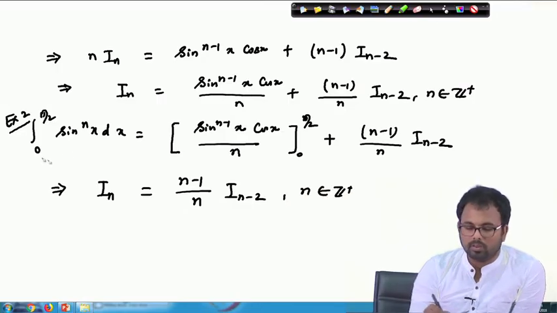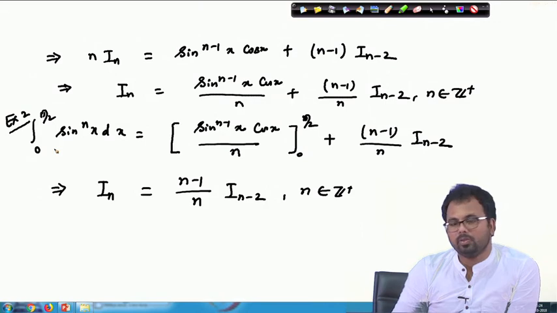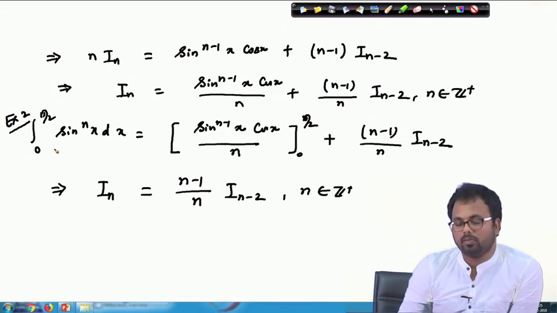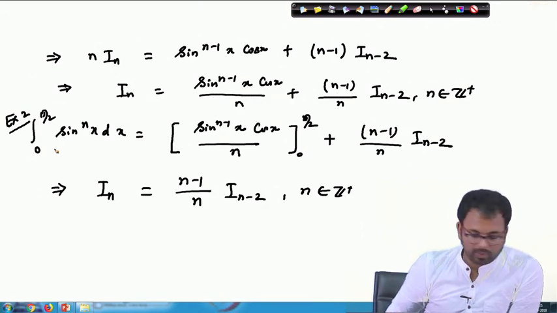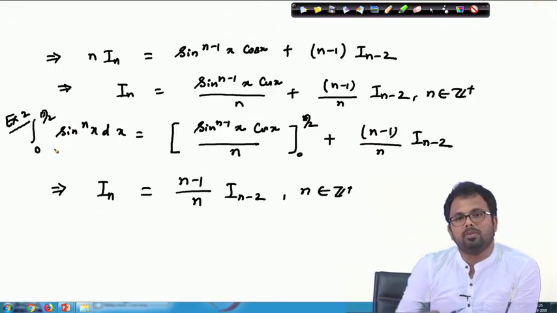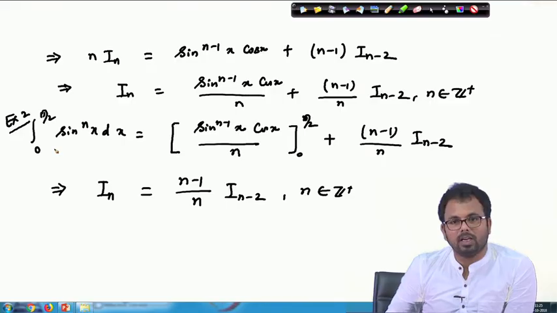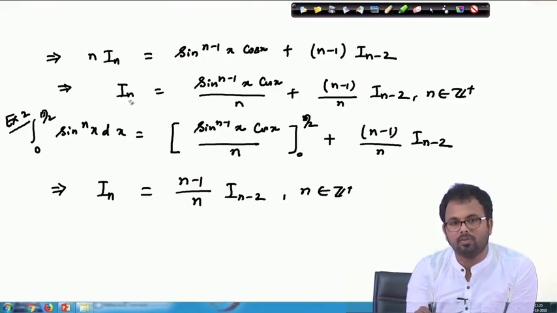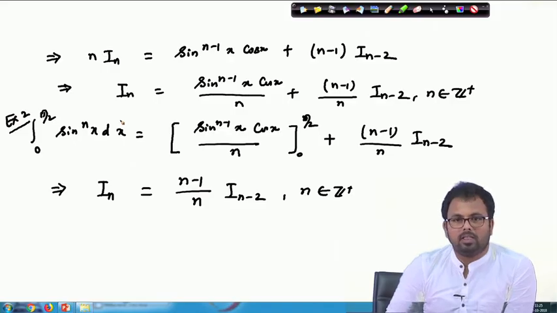So if you are given the range from 0 to pi by 2, then the required reduction formula would be I n equals (n minus 1) by n times I n minus 2. Some people also denote it by J, so as not to confuse it with this I, they introduce J, but that doesn't matter here.